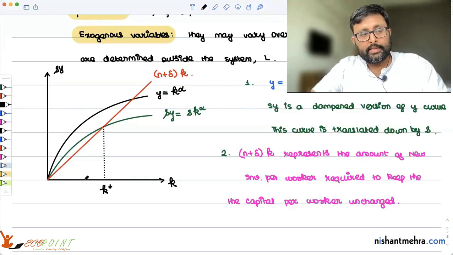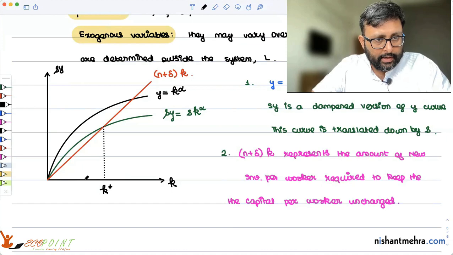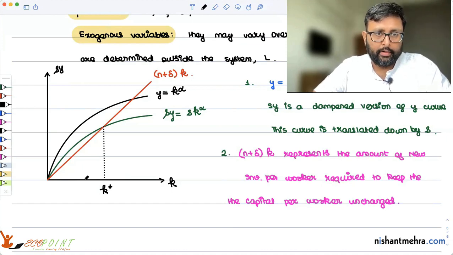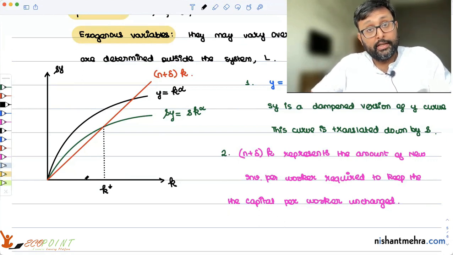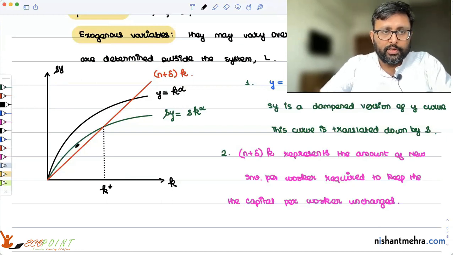You call this the steady state where nothing is changing, right? Capital per worker is not growing. It is an equilibrium at this point. So when the number of machines added per worker is equal to the number needed, this is the steady state. But what about this point?